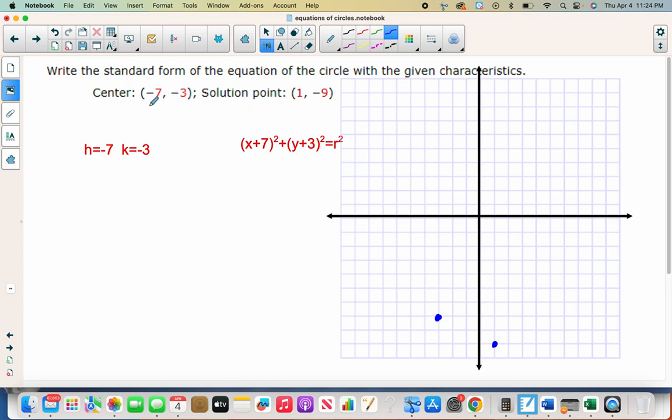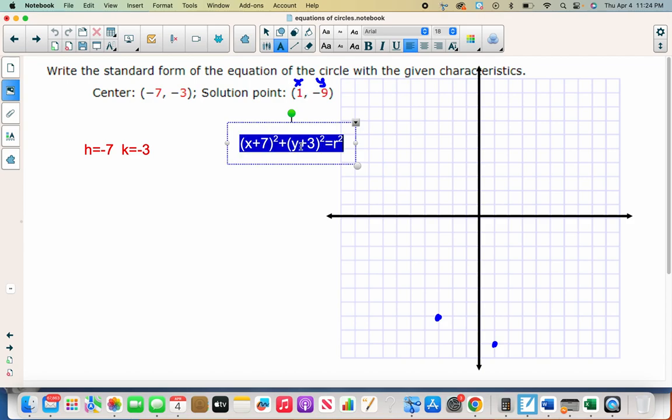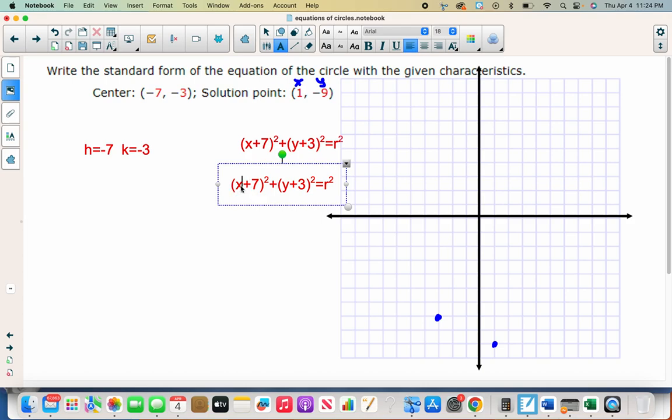The other way is we can plug these values into here, right? Because this is a solution, so that means that this is an x, like we did in the bell work, and this is a y. We could just plug those in and work them out. So instead of x and y, we're going to plug in x was 1 and y was -9.